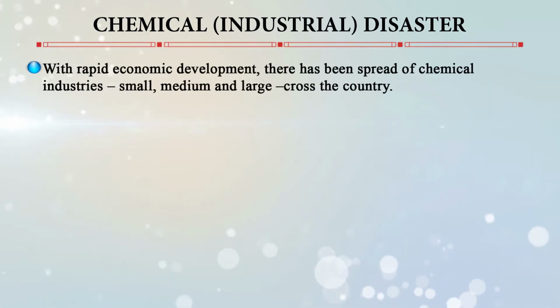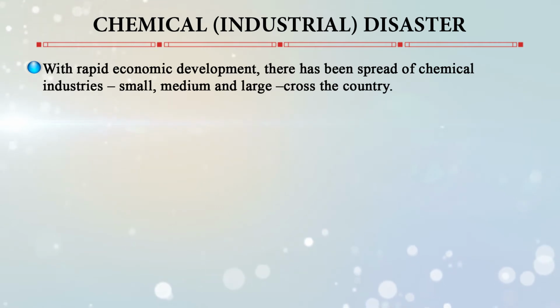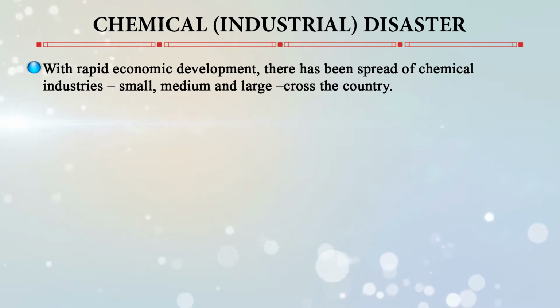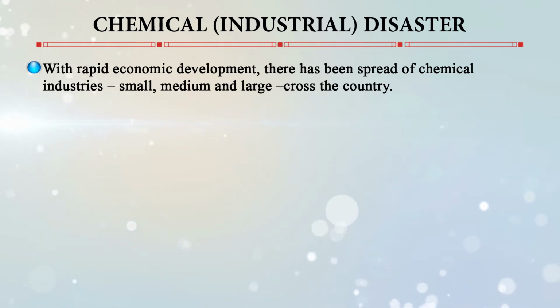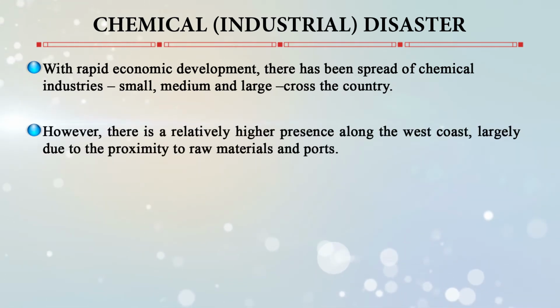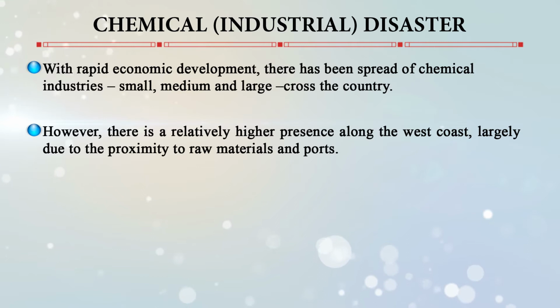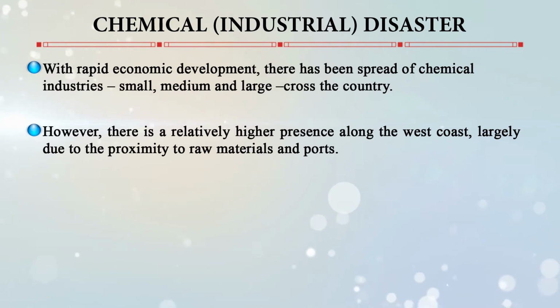With rapid economic development, there has been a spread of chemical industries. If you see, there are cottage industries, there can be small, medium and also large industries, all sprawled across the country. However, there is relatively a higher presence especially along the west coast, due to the proximity of large raw materials, and also the seaports are there for easy export and import of the material.